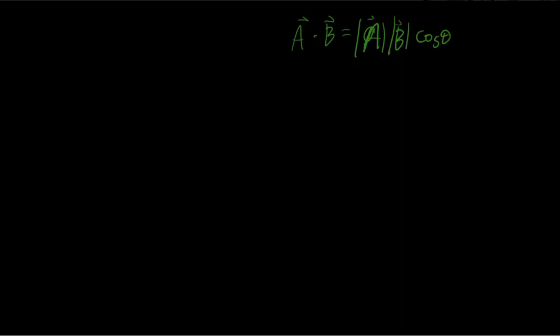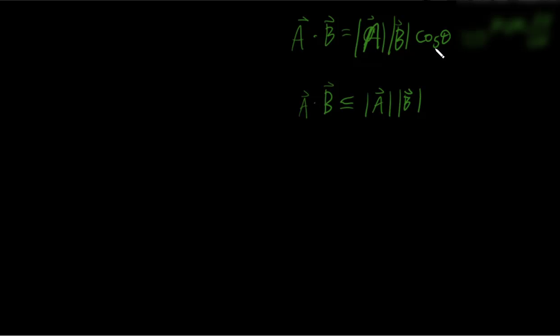And it's necessary because the cosine theta, the highest it can be is 1. So that means A dot B must be less than or equal to the magnitude of A times the magnitude of B.